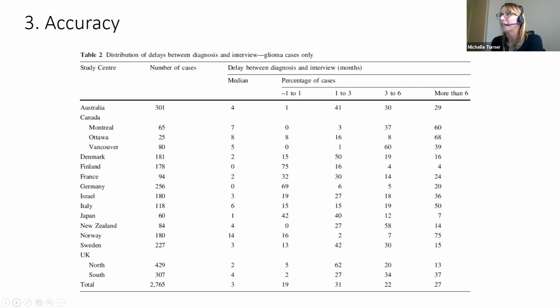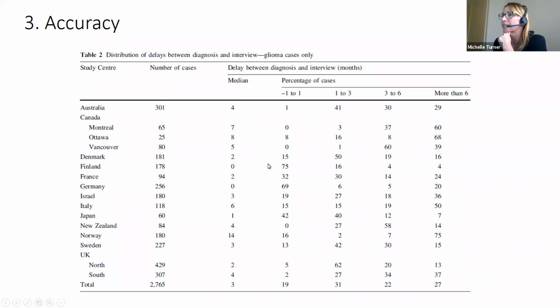In terms of accuracy, here we have the number of glioma cases recruited in all of the different study centers. In total, over 2,000 glioma cases were recruited. Here you can see the median delay between diagnosis of the case and interview of the case.